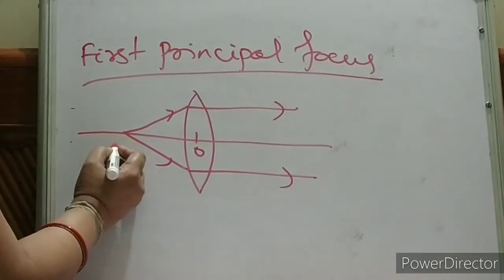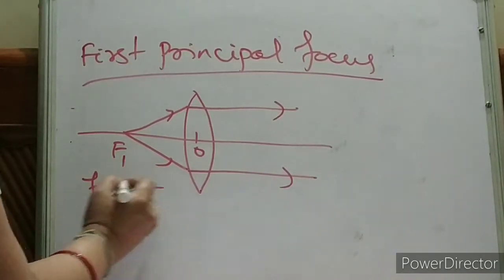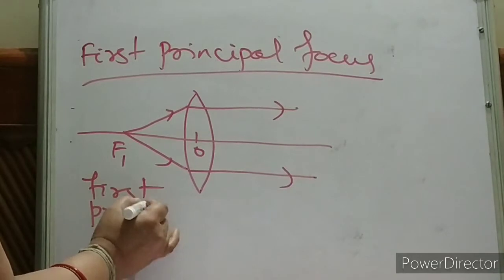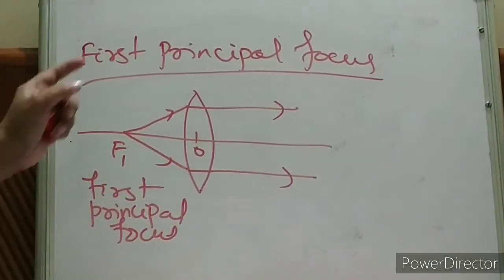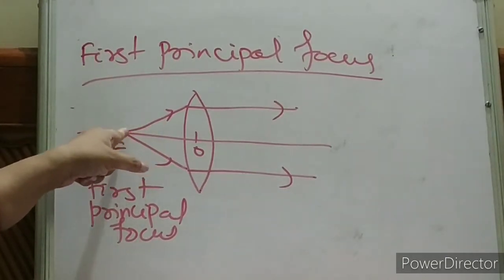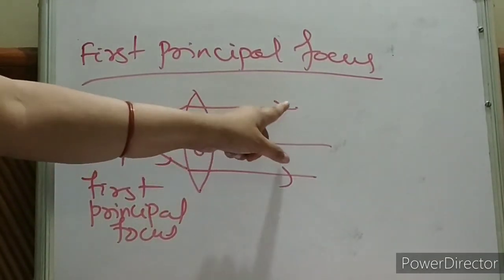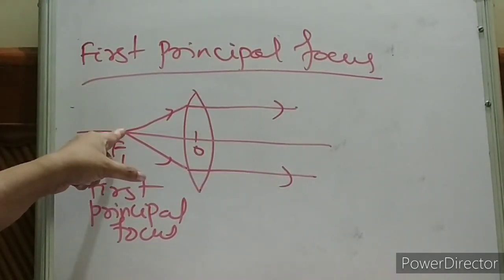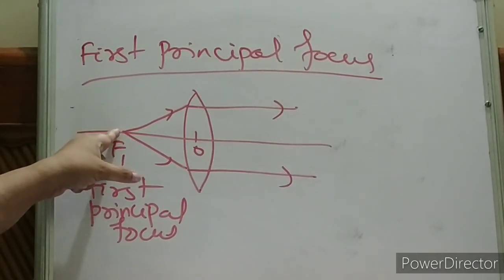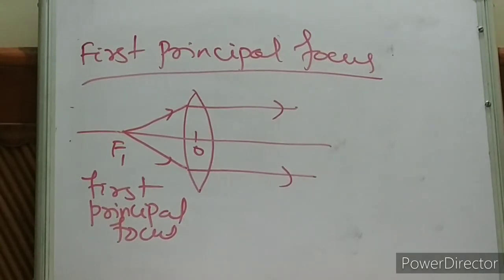This point is your first principal focus. What is happening in this case? If the rays of light are coming from this point, that means the object is at this point. So after refraction, it will emerge parallel to the principal axis. And this point is called your first principal focus. What does it mean? That means the image is formed at infinity.